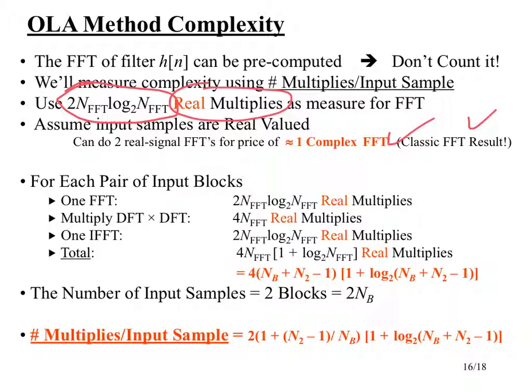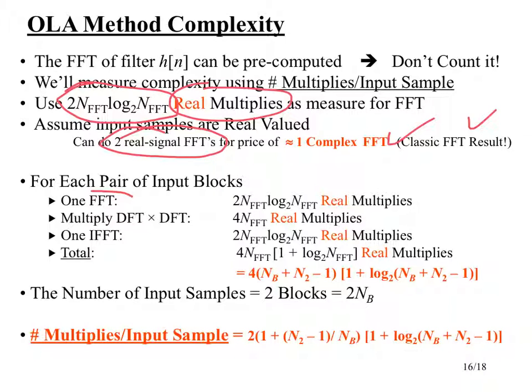So for each pair of input blocks, I say each pair because we can do 2 real signal FFTs. So what we're going to do is take a block, take another block, put them both into a single FFT, and compute them that way. It causes a little bit more latency, but it reduces the complexity.